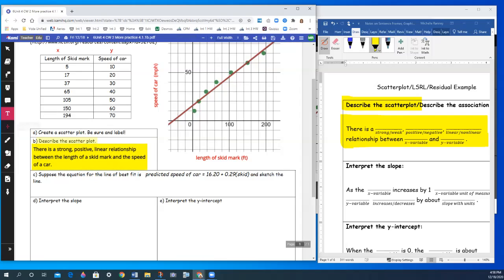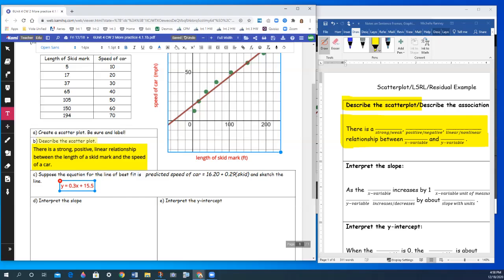And our line of best fit was y equals, so let's use that one, 0.3x plus 15.5. And that was our line of best fit that we got. So that's the one we're going to use. Okay. Now we have the line sketched here. So we have that there.